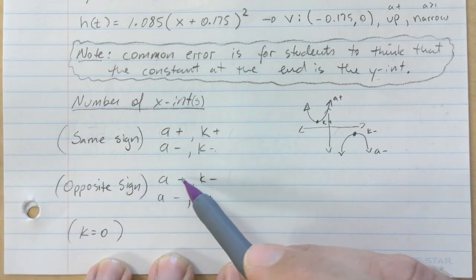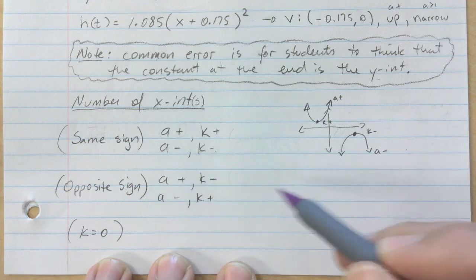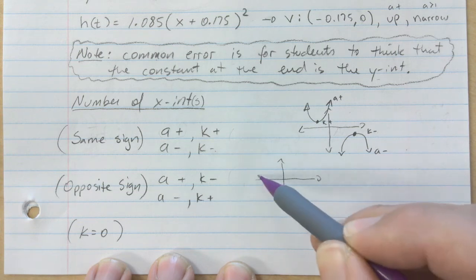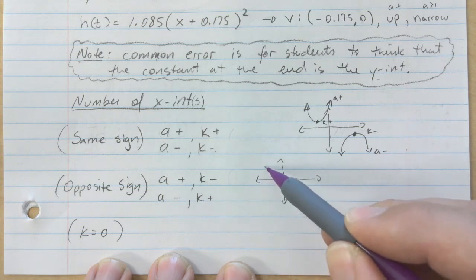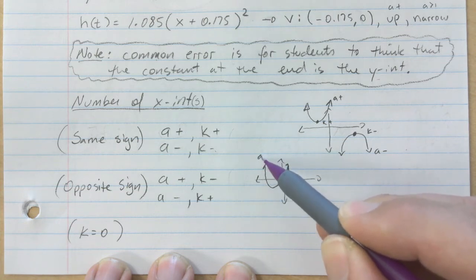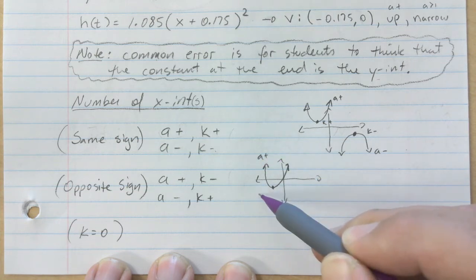Opposite sign, so if A is positive and K is negative, that's when you have the two x-intercepts. Okay, so A is positive, K is negative.